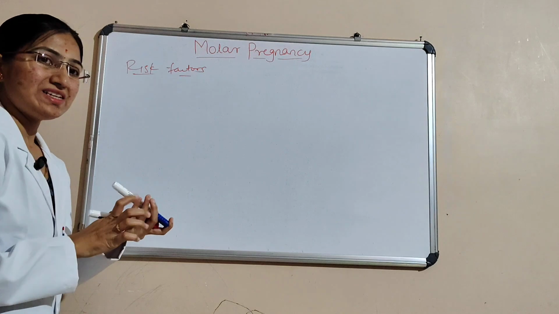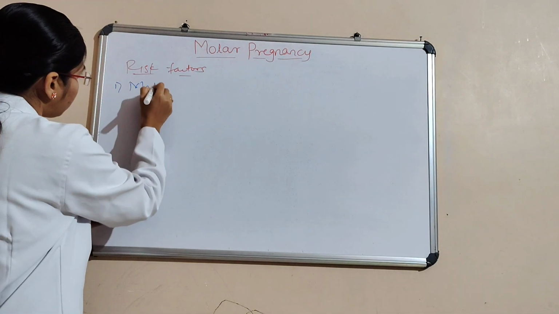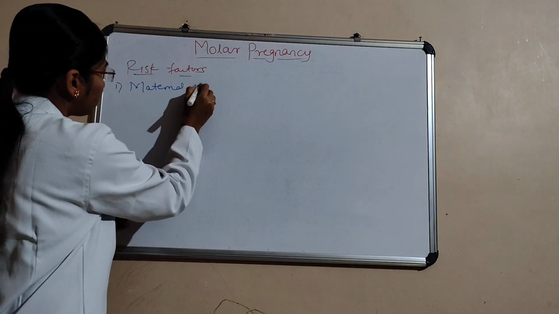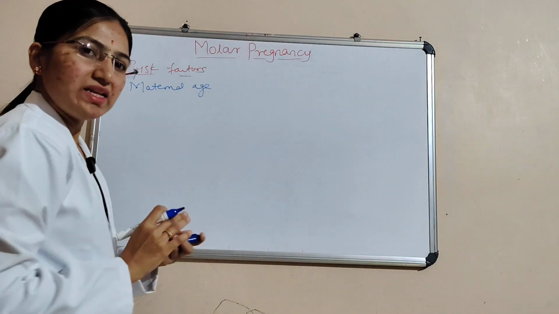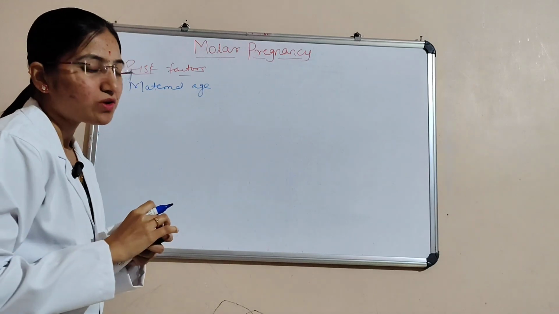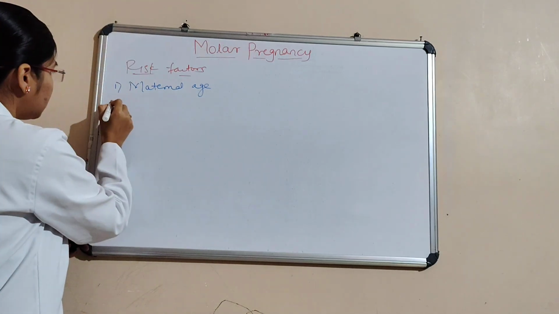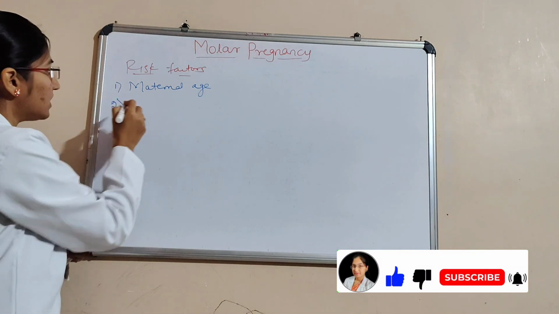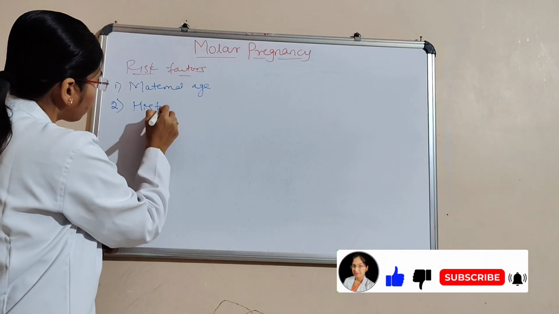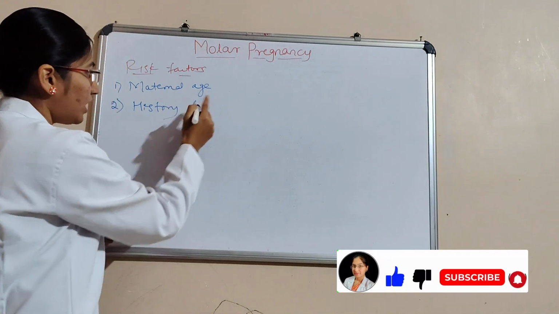Next we will see the risk factors. The important thing is maternal age: less than 20 years of age and more than 35 years of age is also one of the risk factors for developing molar pregnancy. Second one is history of previous molar pregnancy.